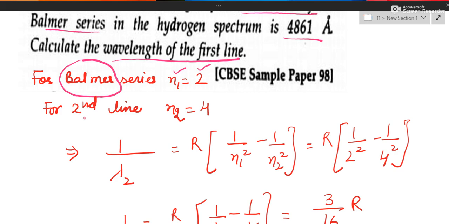Now for the second line N2 is 4. See, transition can be made from third, from fourth, from fifth, but it has to be towards 2. So 3 to 2 will be your first line. Next immediate to that, 4 to 2 will be the second line, 5 to 2 will be the third line, and so on.